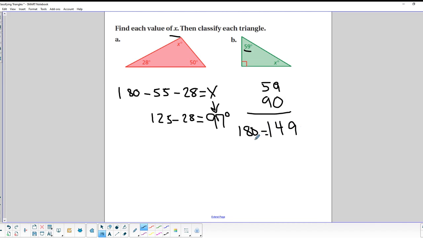So 180 minus, that's a subtraction symbol, minus 149 would be what? That's going to equal 31 degrees is what we're missing. So x out here is equal to 31 degrees. Now this almost looked like an equal sign. I just want you to make sure you remember that was a subtraction sign.